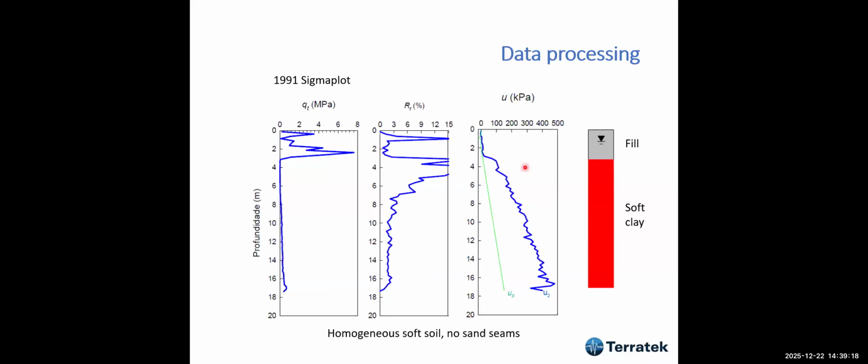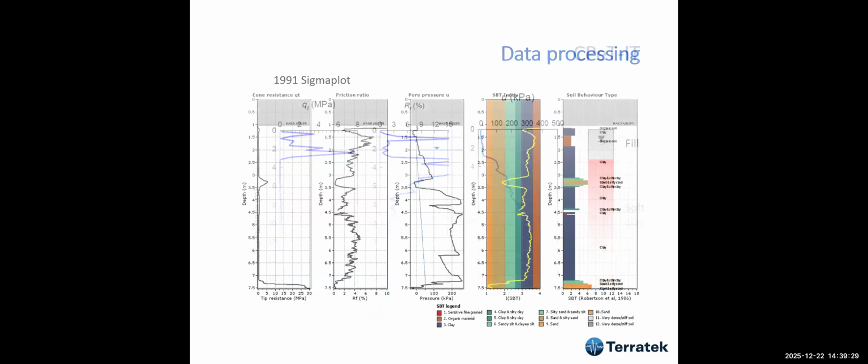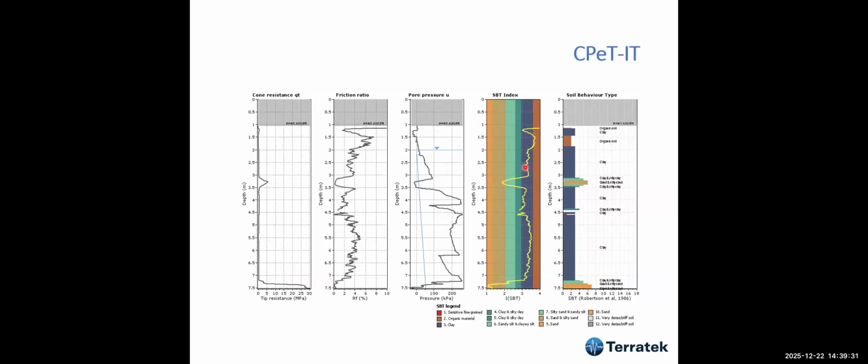Although we may not use the pore pressure for classification, it's very important to have it. Okay, if there is no cavitation, you can trust it, but sometimes we had cavitation. And then later on, I think in the 2000s, I don't remember when I started to use it, 2005, something like that.